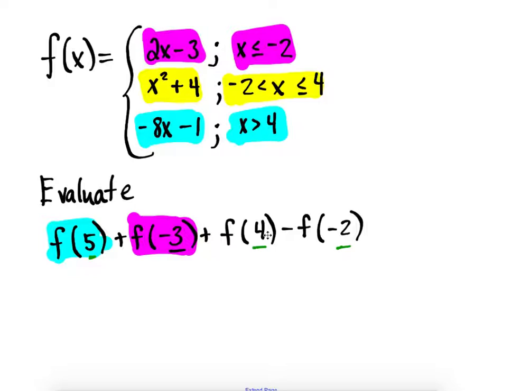F of 4 would be in the yellow one because it is less than or equal to 4, not greater than 4. And then f of negative 2 is kind of the same thing there, same concept. It is less than or equal to negative 2. So you would use that one, the pink one.